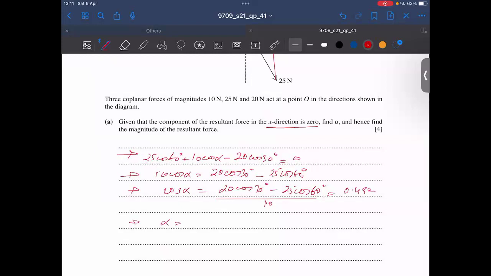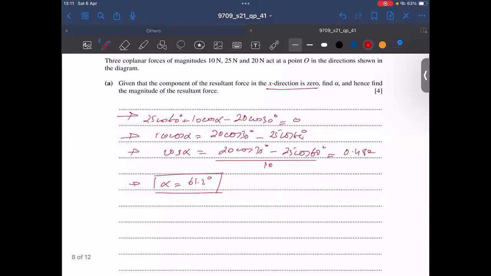Alpha is 61.2 degrees. Yes. All right, that's great. And find the magnitude of the resultant force.